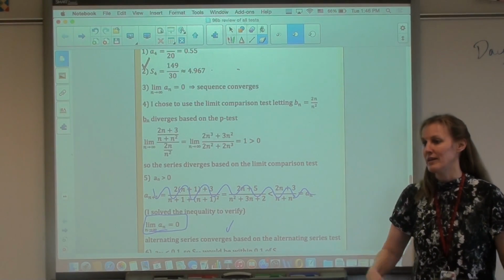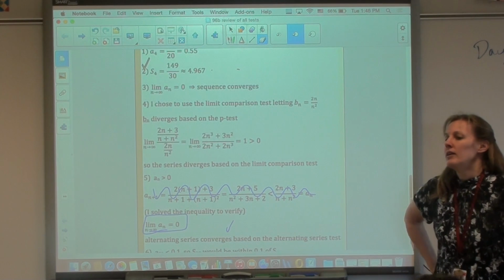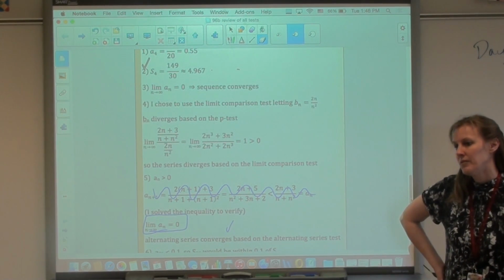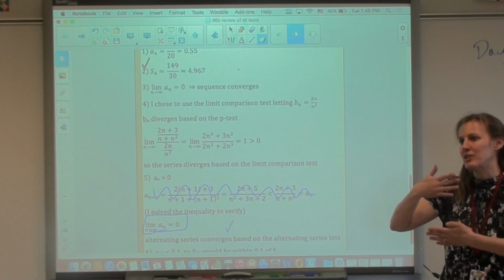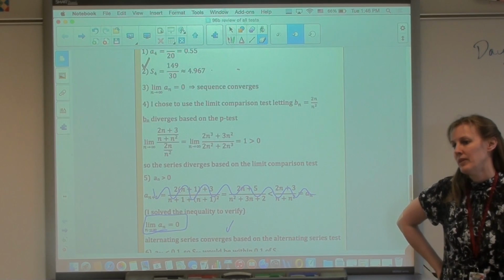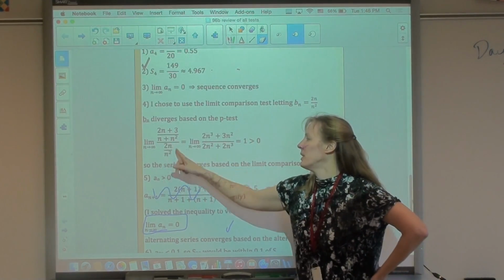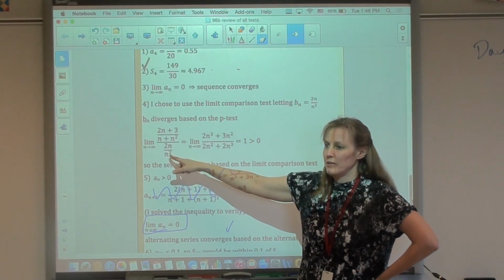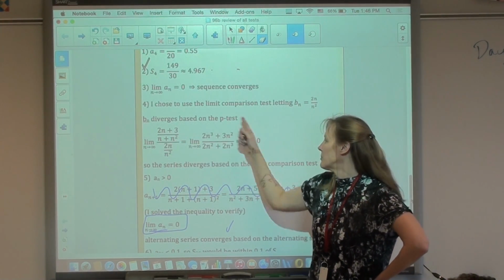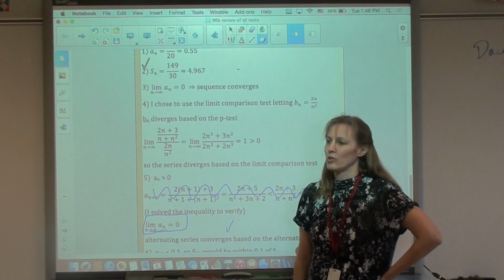When you say that the limit does exist and it's positive and finite, what does that tell you? That the two series match, whether both converge or they both diverge. So whichever one you picked should be one where you knew the answer. Like this one, I know this diverges, so because my limit works, this diverges as well.